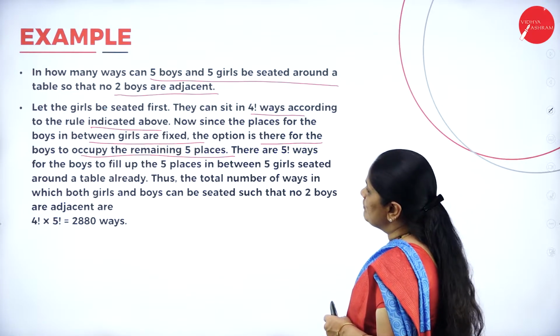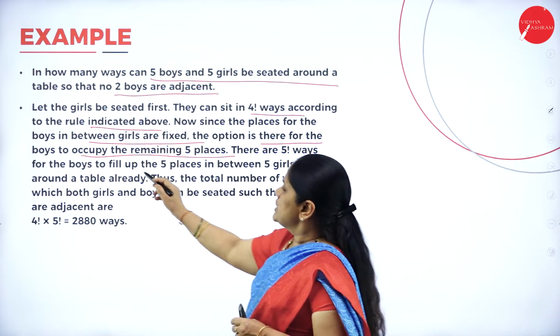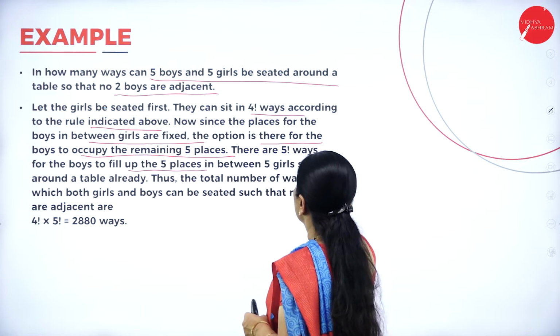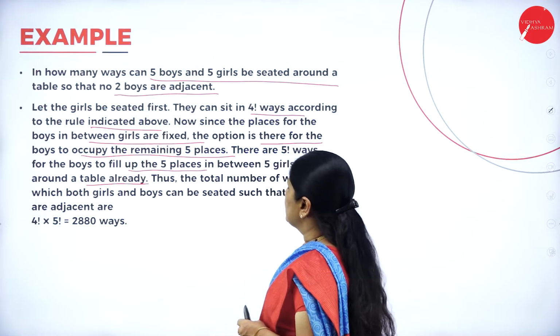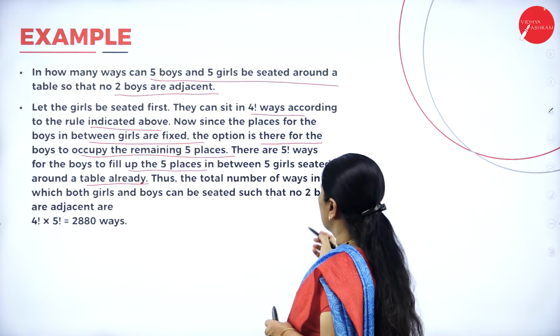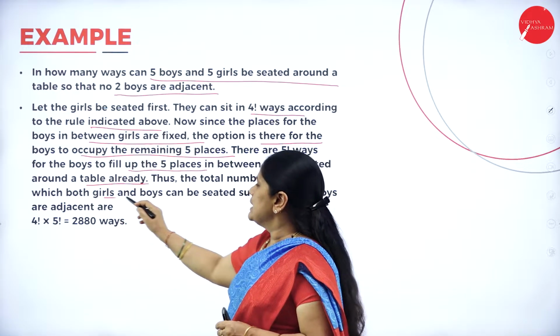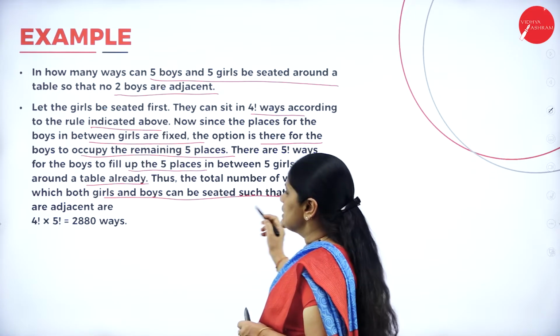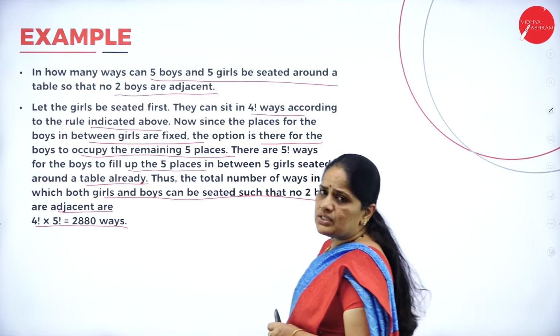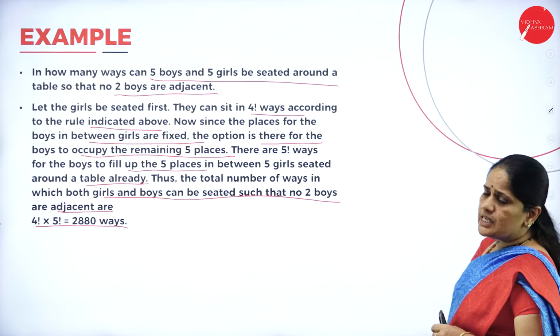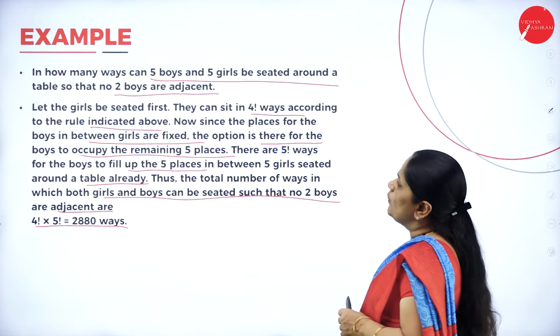So, there are 5 factorial ways for the boys to fill up the 5 places in between 5 girls seated around a table already. Thus, the total number of ways in which both girls and boys can be seated such that no 2 boys are adjacent is 4 factorial into 5 factorial, that is 2880 ways.